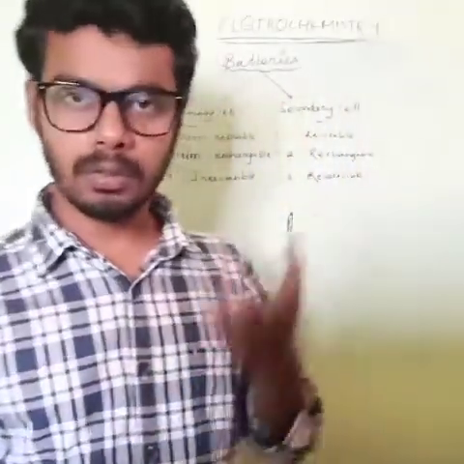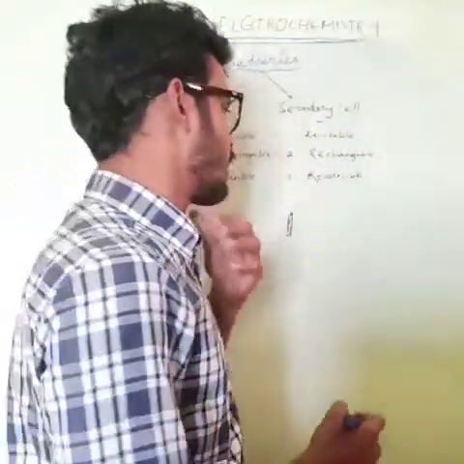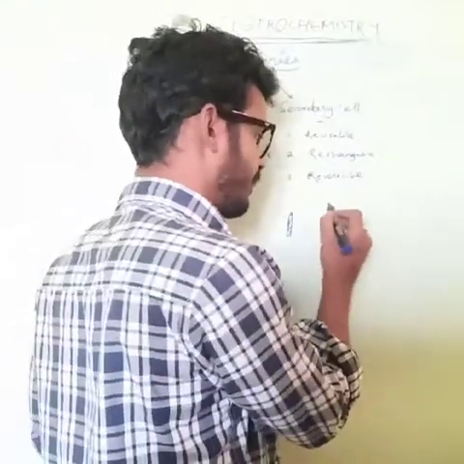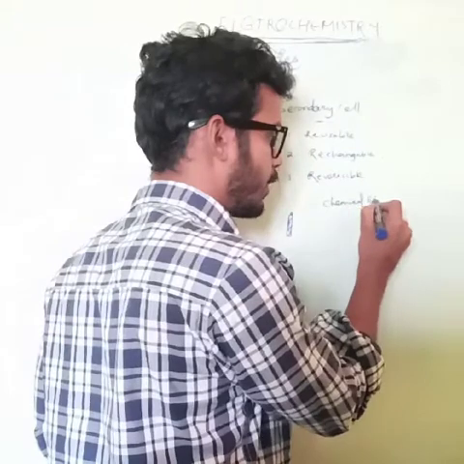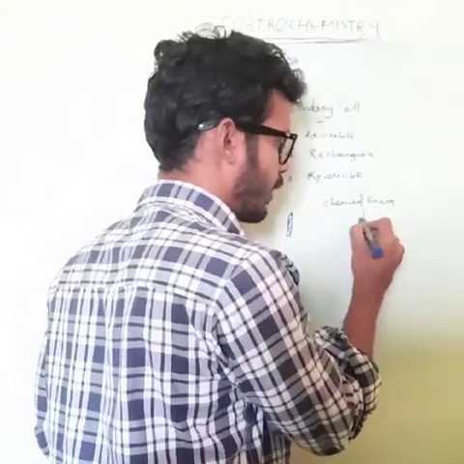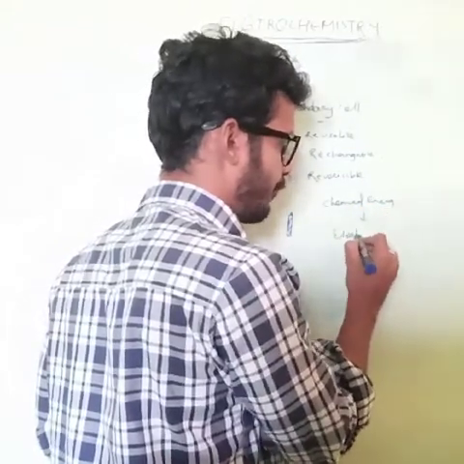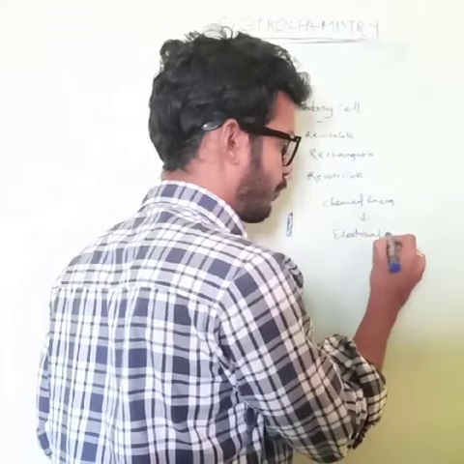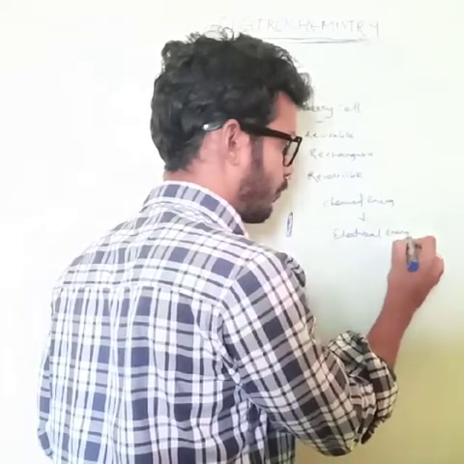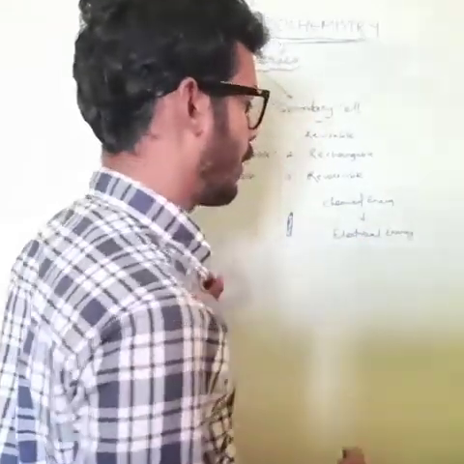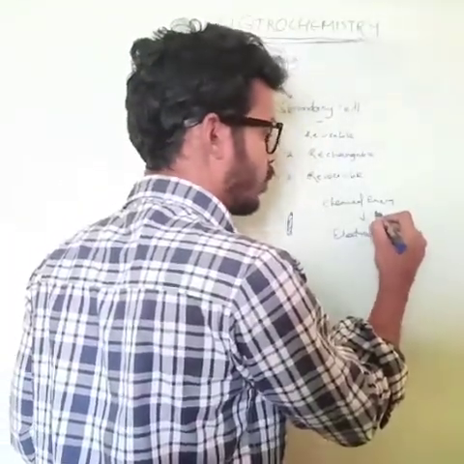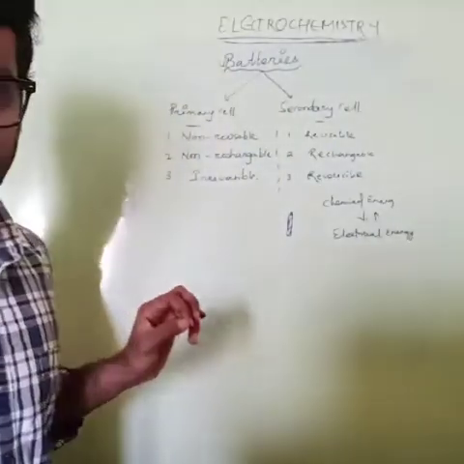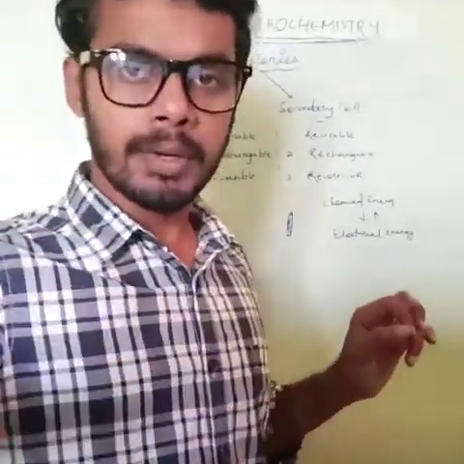So what happens normally in a cell? We already read in this chapter the conversion, what conversion? Chemical energy to electrical energy. Okay. And again from electrical energy to chemical energy.